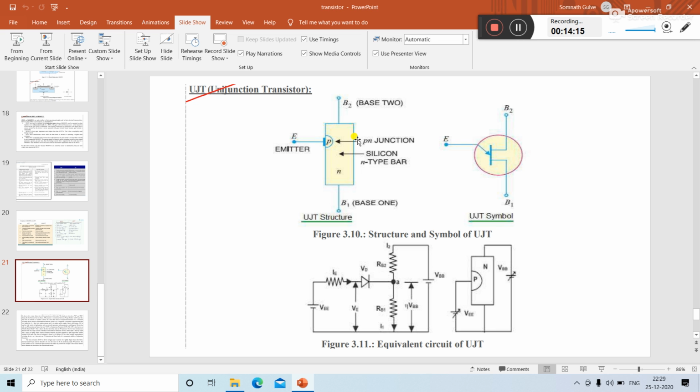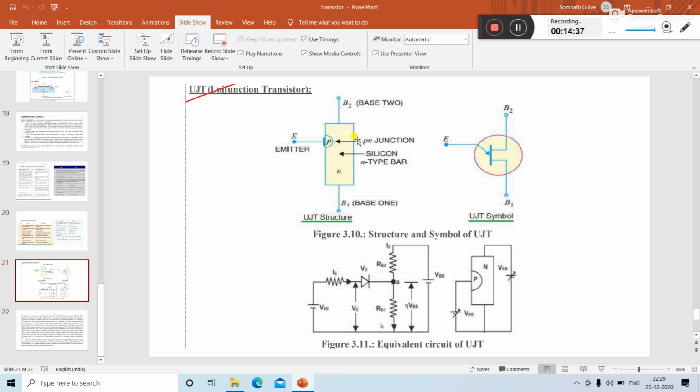When we bias a UJT, that is, if we provide a forward bias across the emitter terminal, which is heavily doped over here, while the base region is lightly doped, due to this reason the resistivity of the base material is very high.